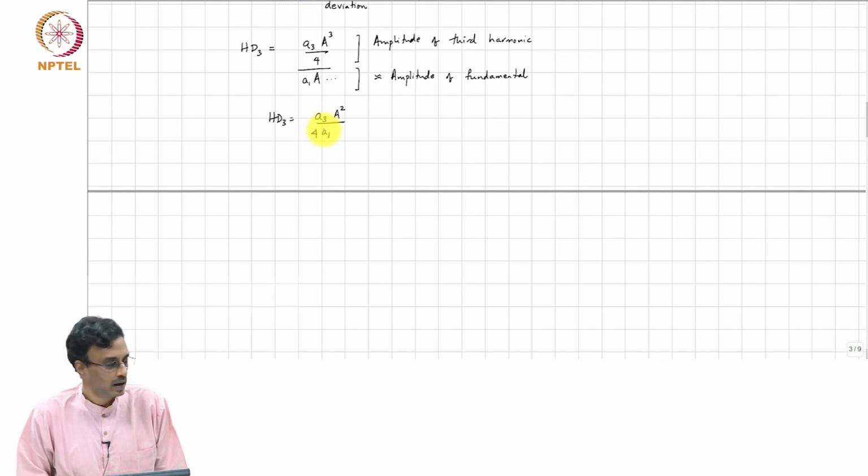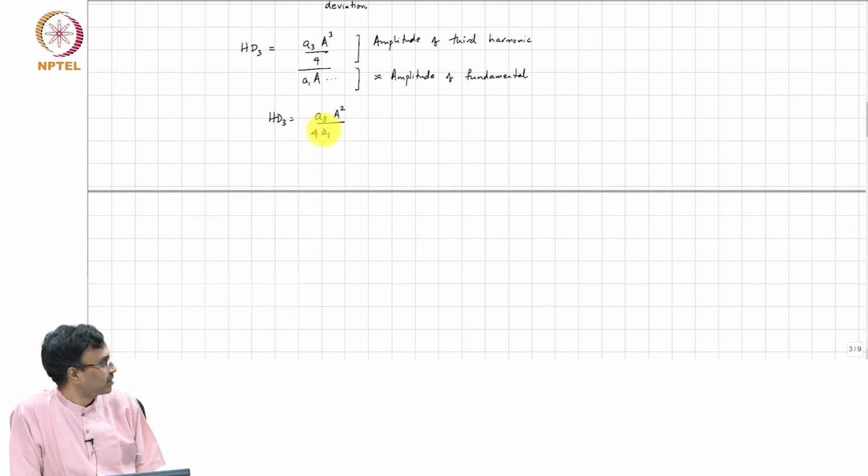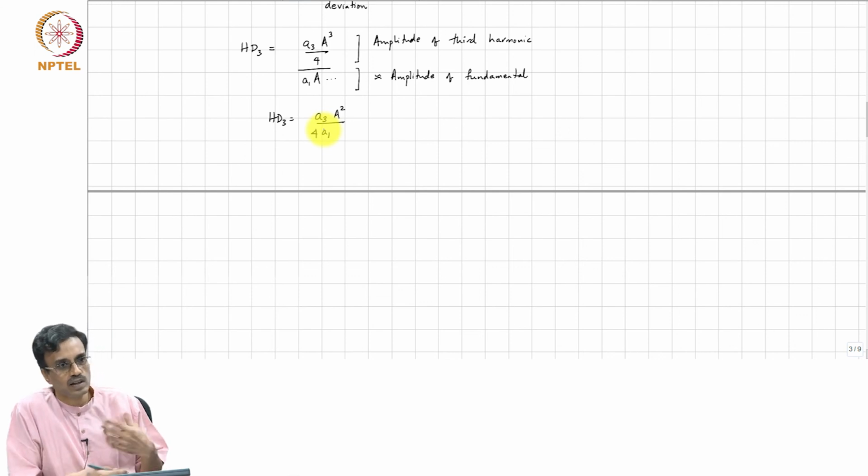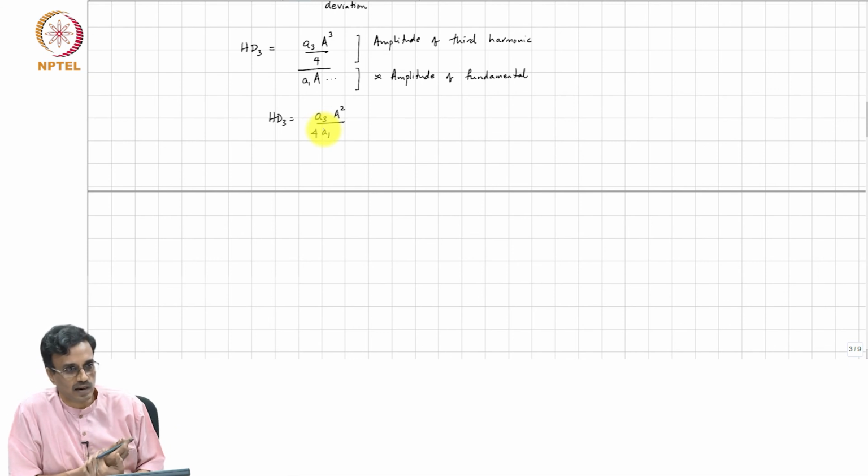And yesterday we saw that the amplitude of the second harmonic component was proportional to A square. Today we see that the amplitude of the third harmonic is proportional to A cube, and that makes sense because Vi cube basically means that you are multiplying the input with itself thrice, and therefore you get A cube, right.